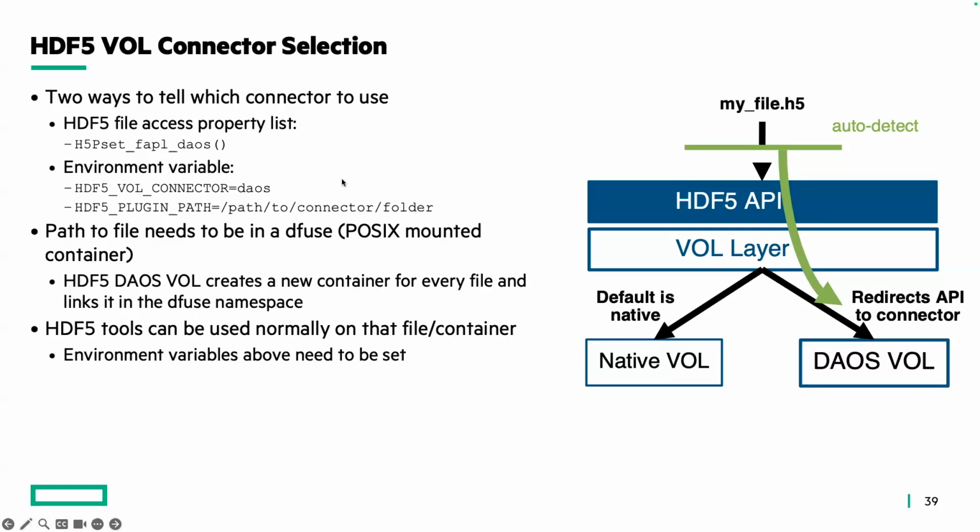It is similar to the LD_PRELOAD of the interception library that we talked about, but it's an HDF5-specific environment variable, where you say, I want to use the DAOS VOL connector and the path to the VOL connector where you installed it. And then HDF5 will use the VOL connector, and if you're running on a DFuse mount, if your path to that HDF5 file is a DFuse mount point, you will actually see a file there, but it's not really the file that you are writing to.